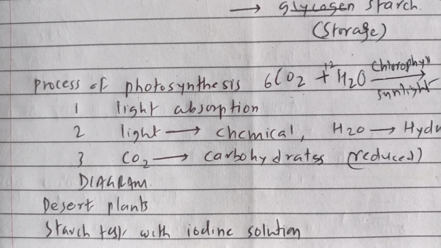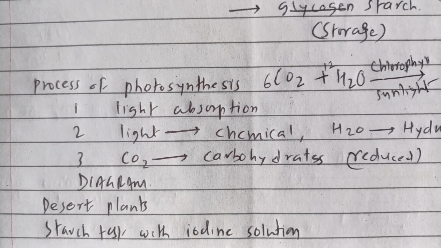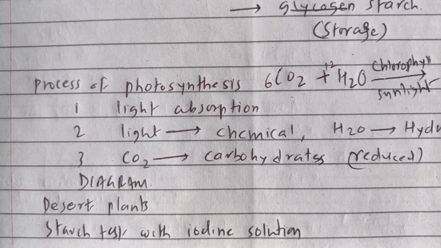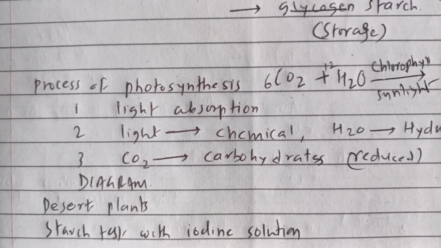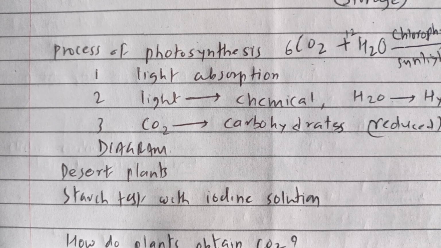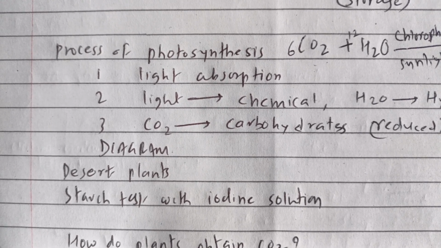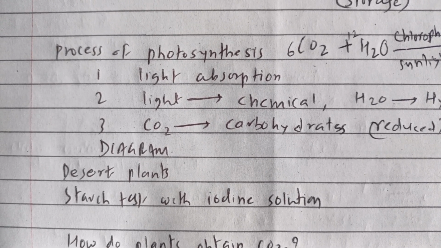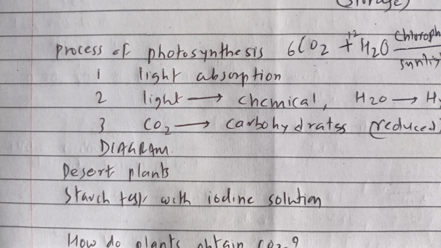These may not take place one after the other immediately. So for example, in desert plants, they take up carbon dioxide at night, and then they prepare an intermediate substance that will be acted upon by the energy of the sunlight, absorbed by chlorophyll, and this process will take place during the day.